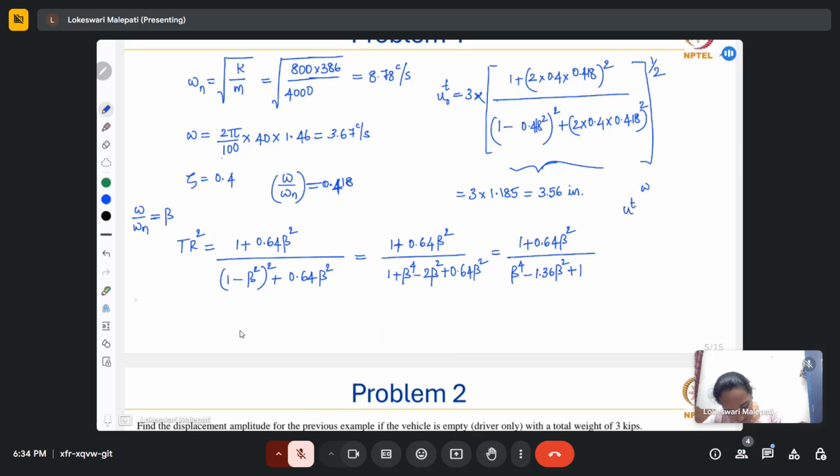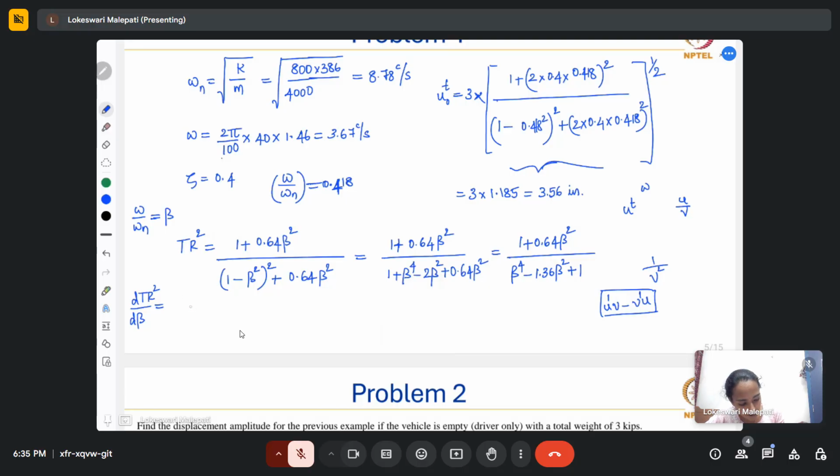So let's do that. dTR square by d beta. This is in the form of u by v. So for this, we have 1 by v square. Since we'll be equating it to 0, we need not write that term. We will just focus on the numerator term, which is u prime v minus v prime u. So let's just focus on this numerator.